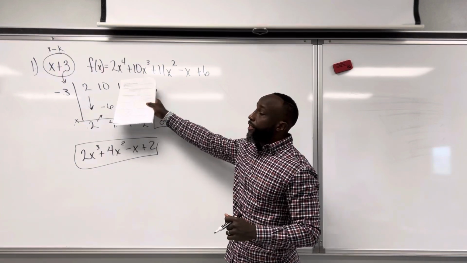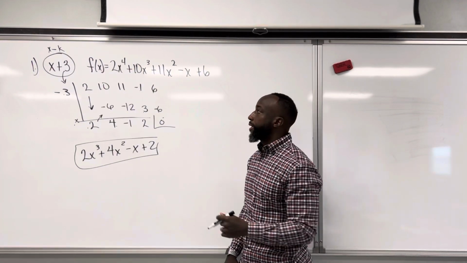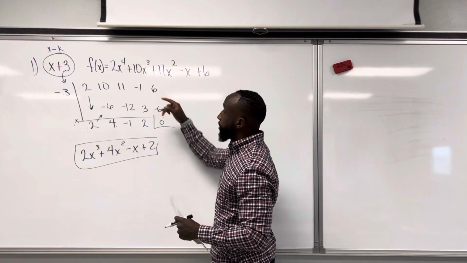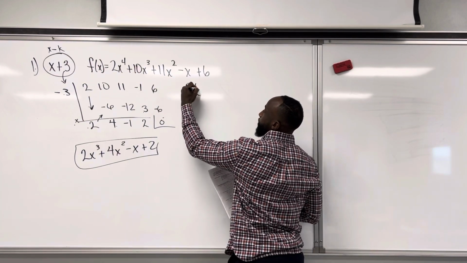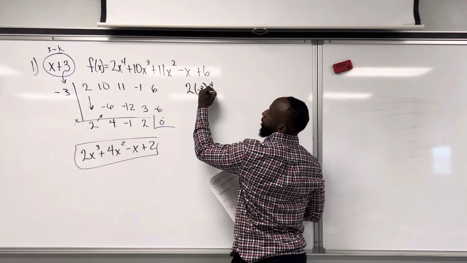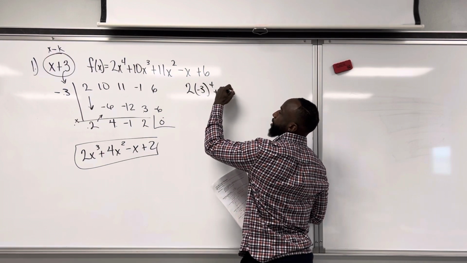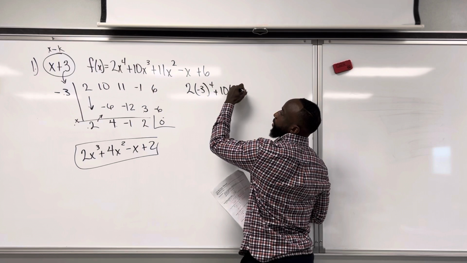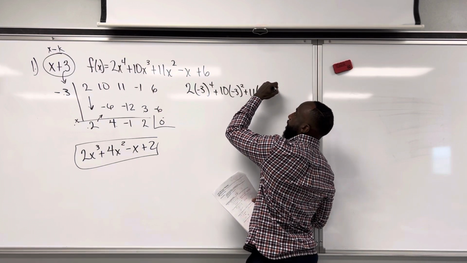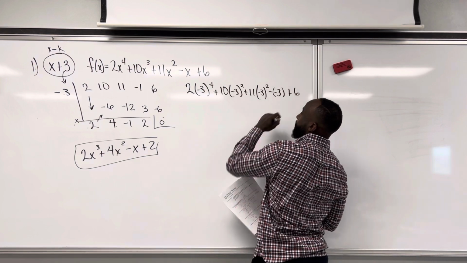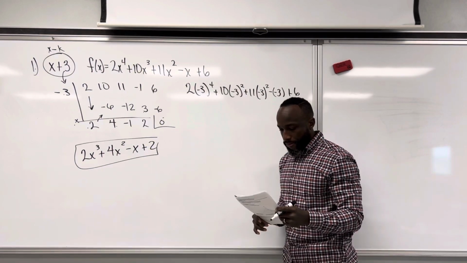Now, let's see if we can use the remainder theorem to do it. So again, with the remainder theorem, we're going to substitute in -3 to this whole problem. So we got 2 times -3 to the 4th plus 10 times -3 to the 3rd plus 11 times -3 squared minus -3 plus 6. Okay?